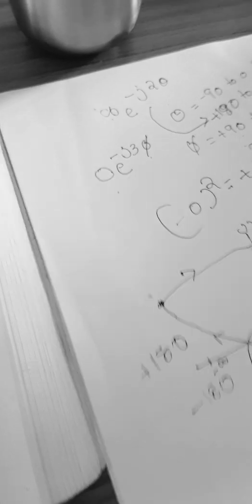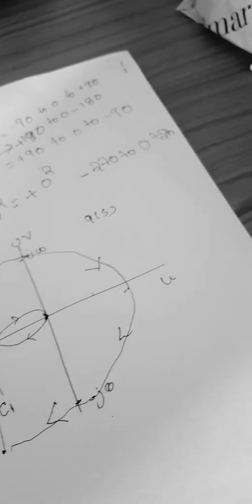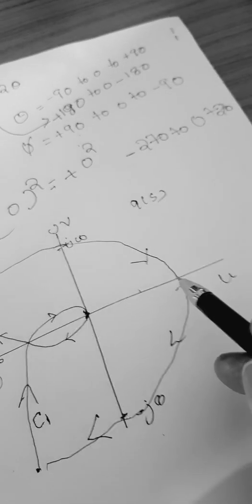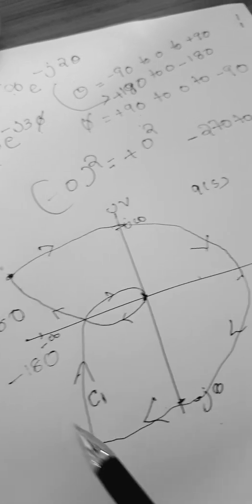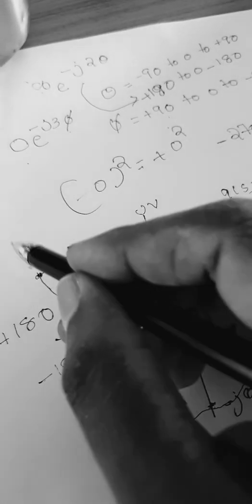So that is how you are getting minus 270, with magnitude 0, and this will come like this, somewhere here, at minus 270.